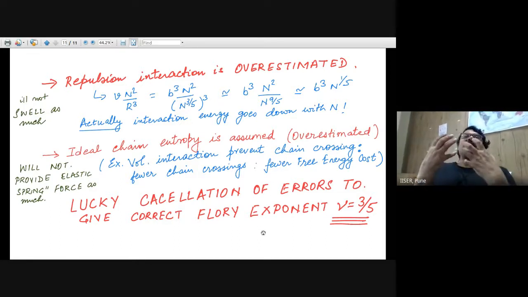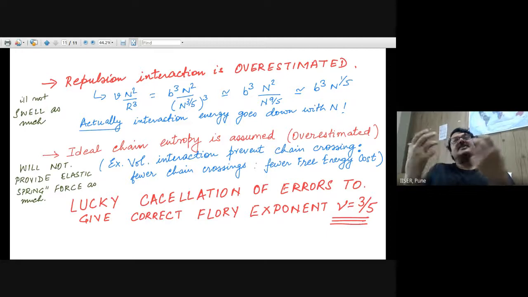But at the same time, this Flory theory has all the right ingredients in terms of rubber elasticity or the entropic forces, or an estimate of the energy cost due to overlap. So this is a simple theory, yet it gets the right answers.